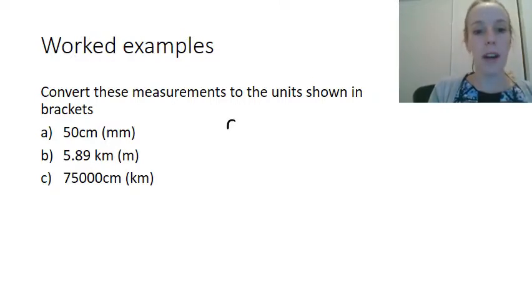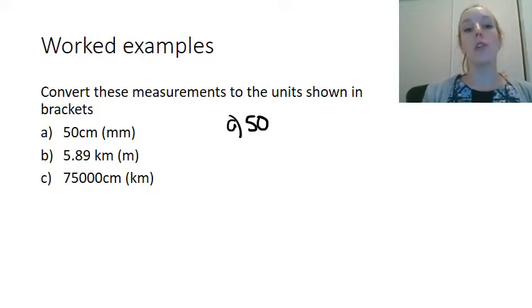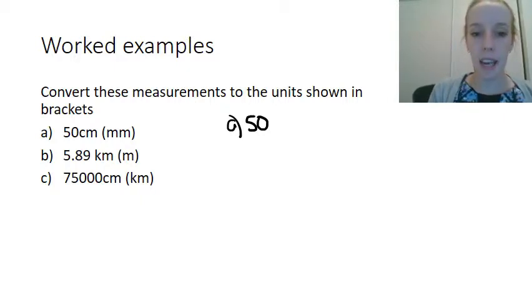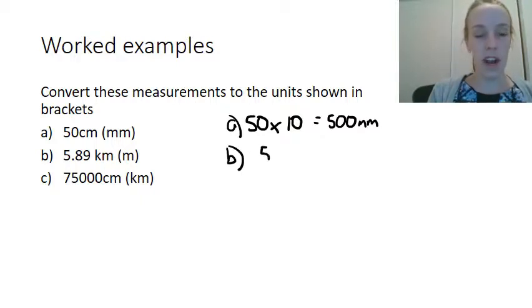So the first one, we've got 50 centimetres and we want to convert that to millimetres. Because we're going from a larger unit to a smaller unit, we're going to multiply, and there's 10 millimetres in a centimetre, so we multiply by 10, and that will leave us with 500 millimetres. For B, we've got 5.89 kilometres to metres.